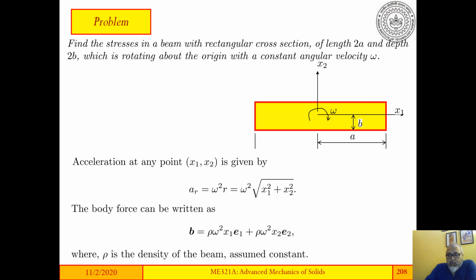Okay. This is the second problem that I wanted to try, and this is a problem where you have a body force. The body force comes because here's a beam which is not supported, but it's spinning about the origin with an angular velocity omega.